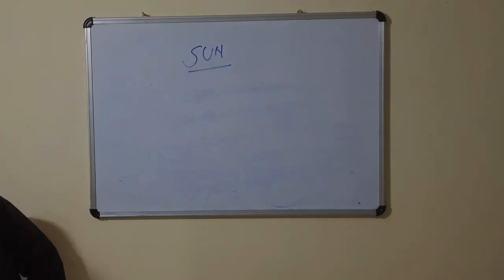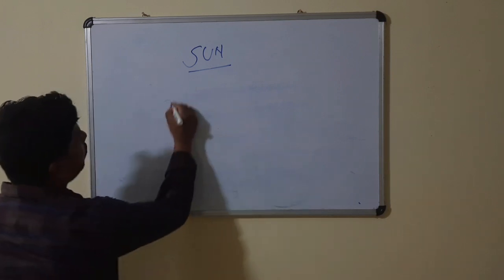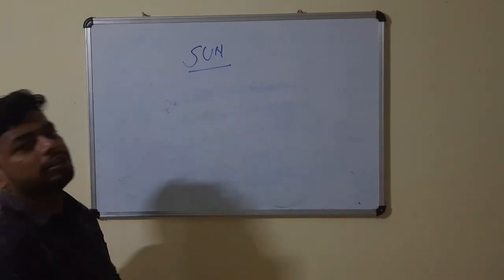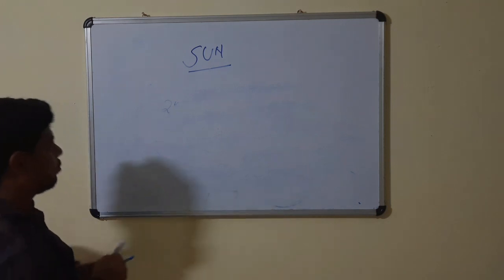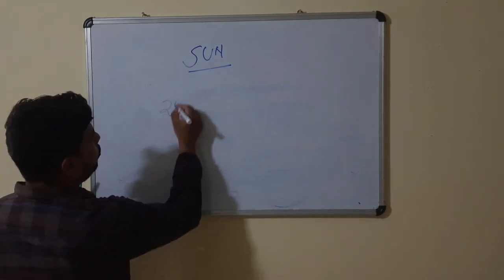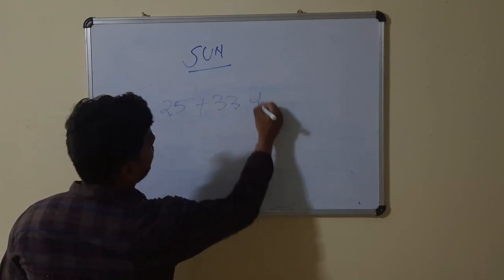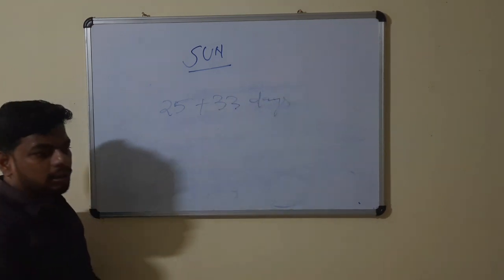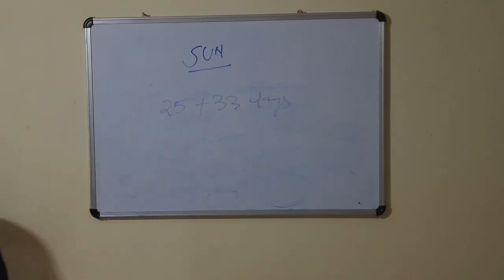Right? Clear? In fact, the sun also rotates on its own axis. How long does it take? It takes around 25 to 33 days to complete one rotation on its own axis.